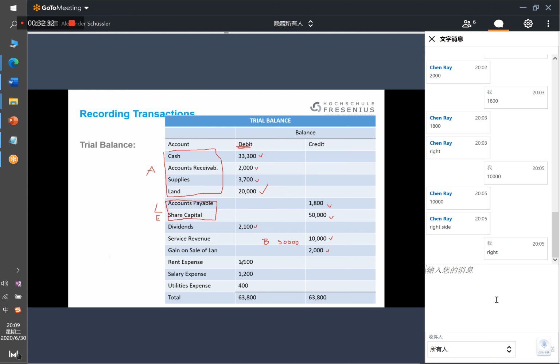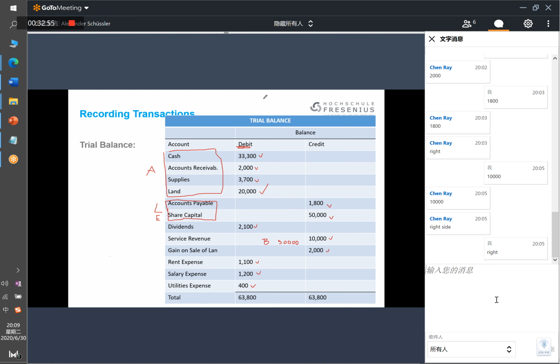And these are our expense accounts, also in a way contra accounts because they reduce your equity. The more expenses you have, the lower is your net income, and the lower is your equity essentially.